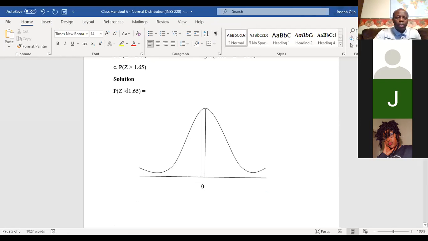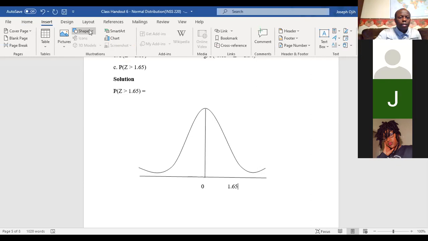Now it says greater than 1.65. Let's say this is 1.65 here. So I'm going to put the line to represent 1.65. 1.65 is here.